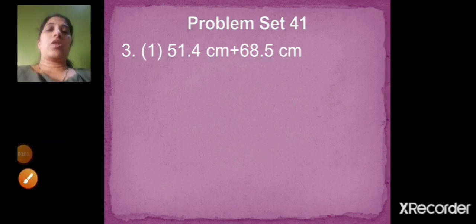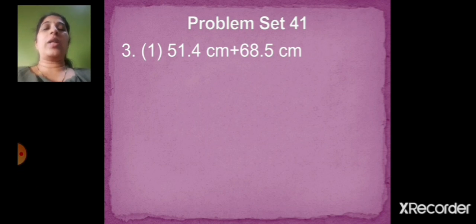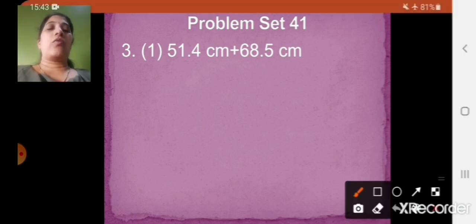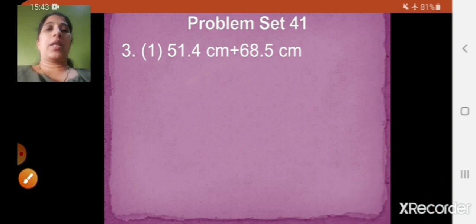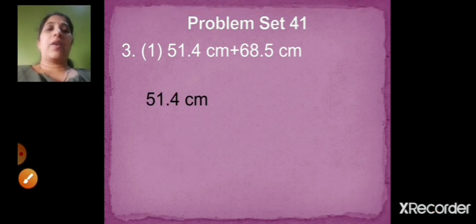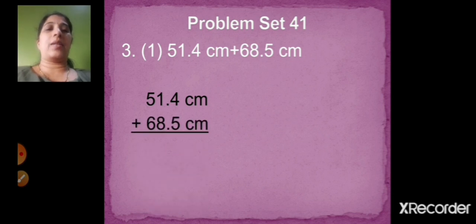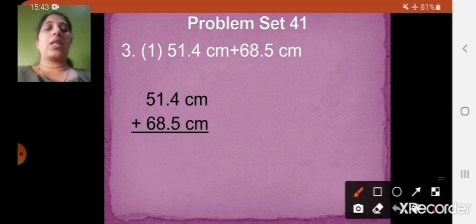The first question in the third problem is 51.4 centimeter plus 68.5 centimeter. Here the units are also given, so we'll first arrange them vertically. Now let's carry out the addition. 4 plus 5 is 9.